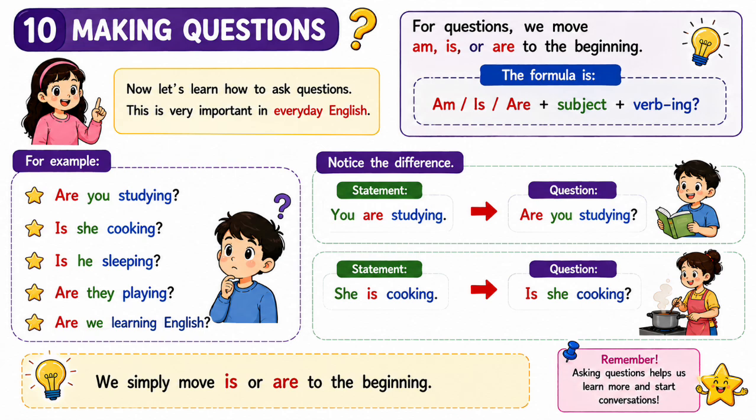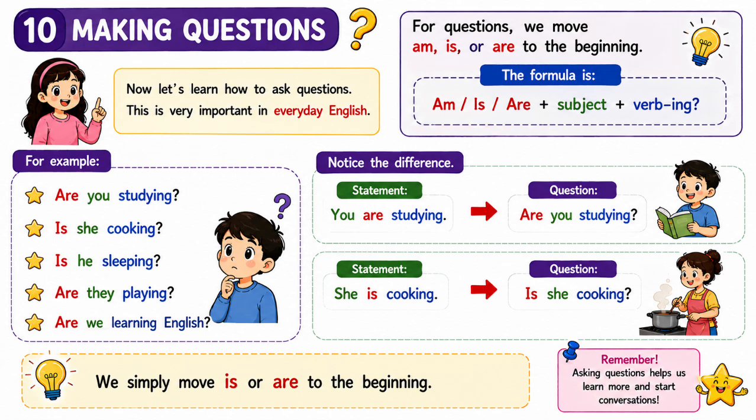Now point number 10. Making questions. Now let's learn how to ask questions. This is very important in everyday English. For questions, we move am, is, or are to the beginning.